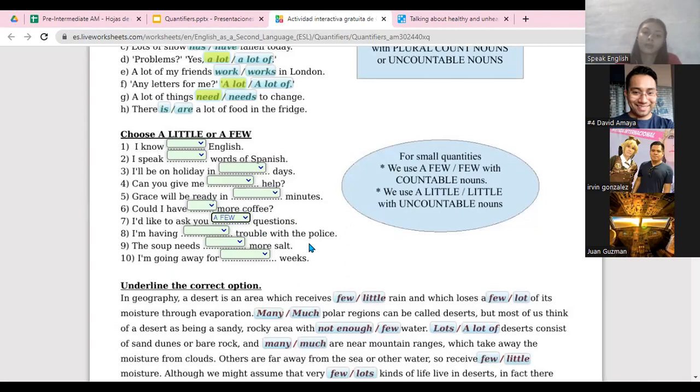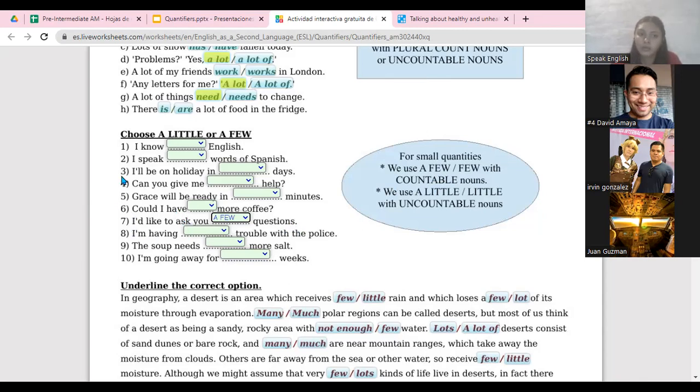Construct a sentence with a little: "I'd like to ask you a little questions." It sounds very strange, not right. And also because we use few for countables and questions are countable. If you see here, you have a plural noun.